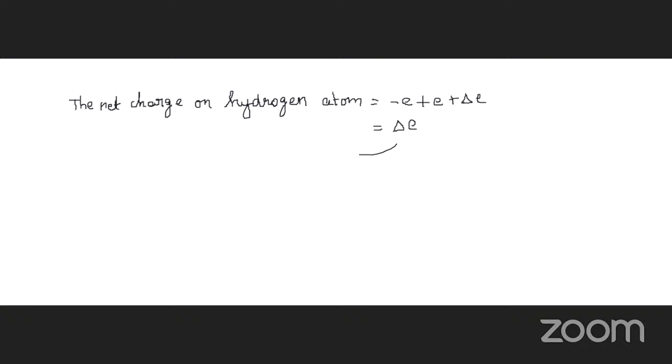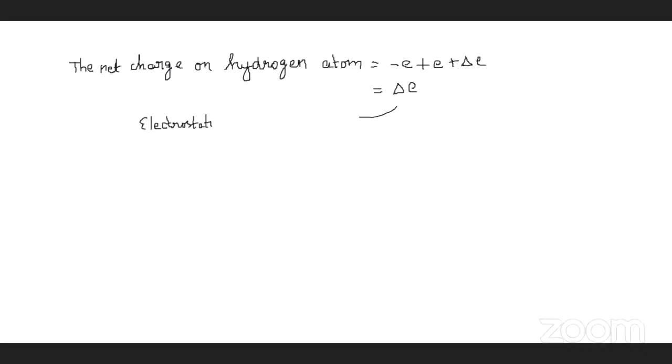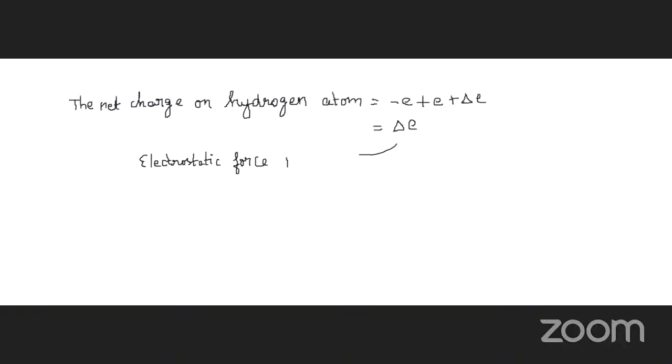So first of all, I am going to find out the electrostatic force, Fe. The electrostatic force is given by K into Q1 Q2 by R squared, which is the general formula.